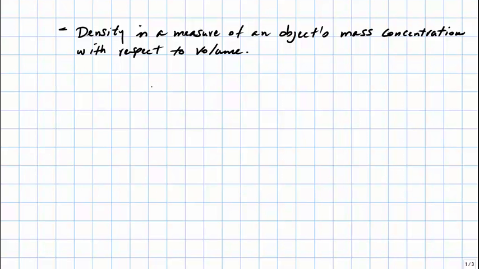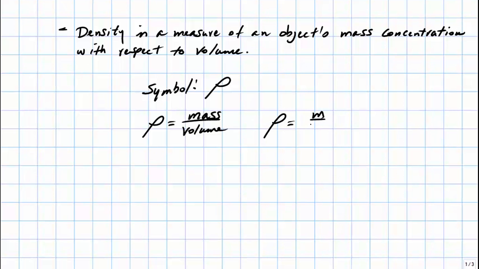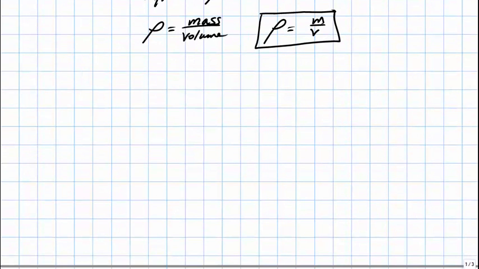The symbol for density is the Greek letter rho, and the equation for it is simply mass divided by volume, which we can abbreviate as m divided by v. From this equation we can extract the units.